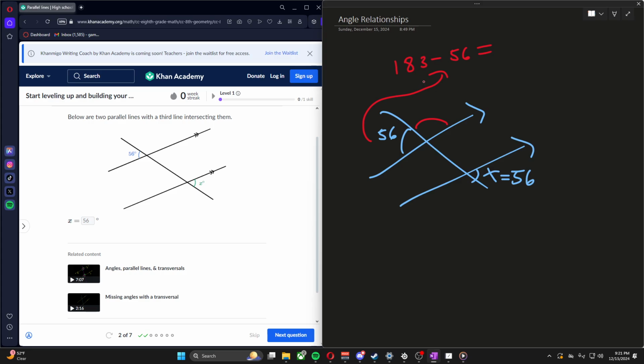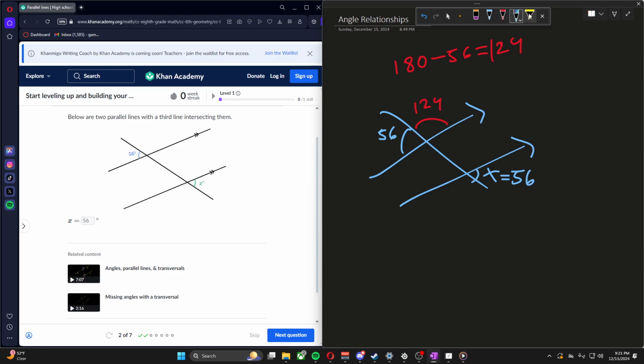I don't know why I put 183. Where did I get the 3 from? Sorry. We can take 180 minus 56. That gives us 124. Right? Yeah, that gives us 124. So we know this angle is 124.